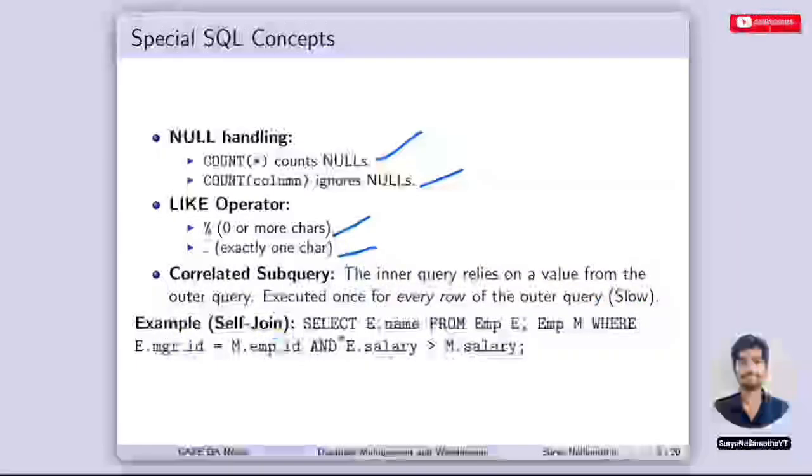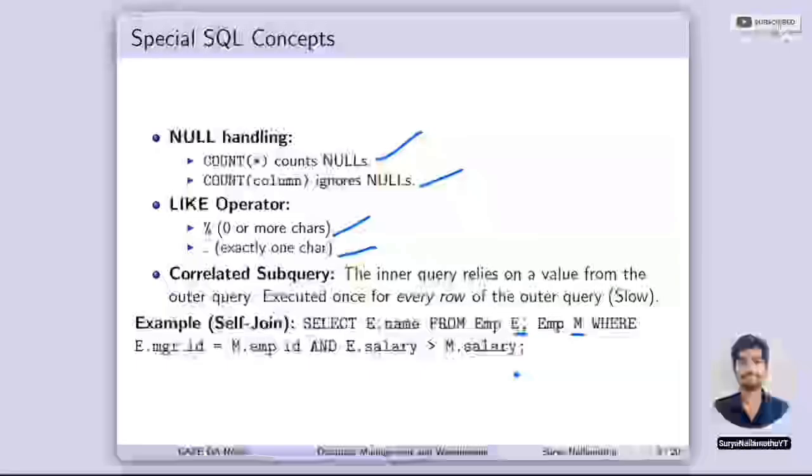The self join simple example is: select e.name from employee e, employee m where e.manager_id equals m.employee_id and e.salary greater than m.salary.